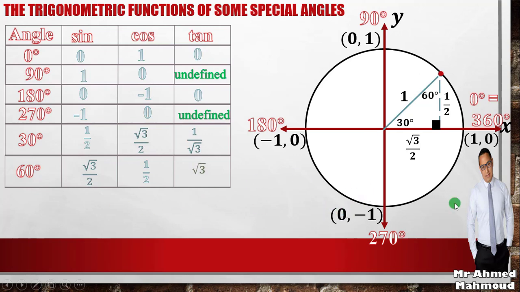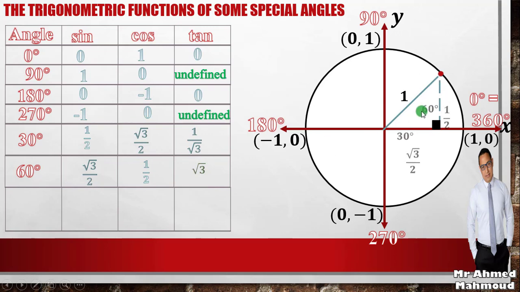By the same way I can conclude the 45 angle. If this angle equals 45, this angle also equals 45 degrees. Using the Pythagoras theorem, this side equals 1 over root 2 and this one equals 1 over root 2, because this is an isosceles triangle.